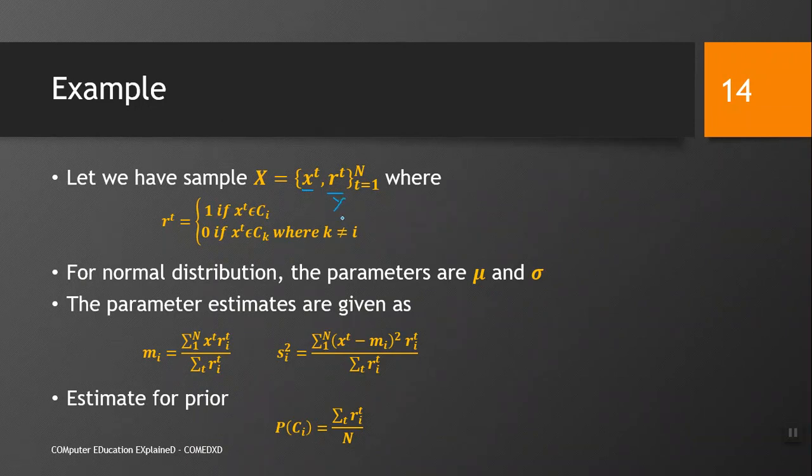And r^t is equal to 1 if x^t belongs to Ci, meaning the instance of the salary for which we are going to work out, if it belongs to Ci, we will have value 1. In other words, we denote here salary and we denote here the class.